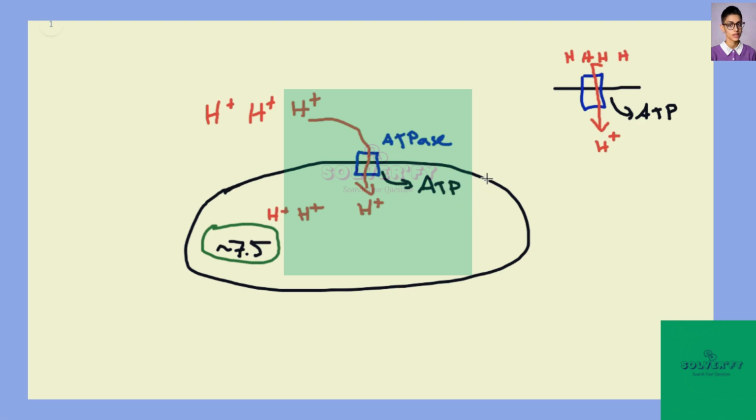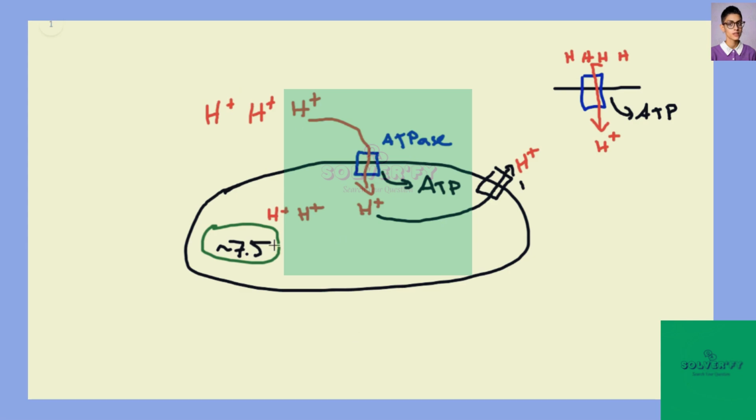And this ATP could fuel a hydrogen ion exporter to carry these H+ ions out of the cell and reduce the pH.